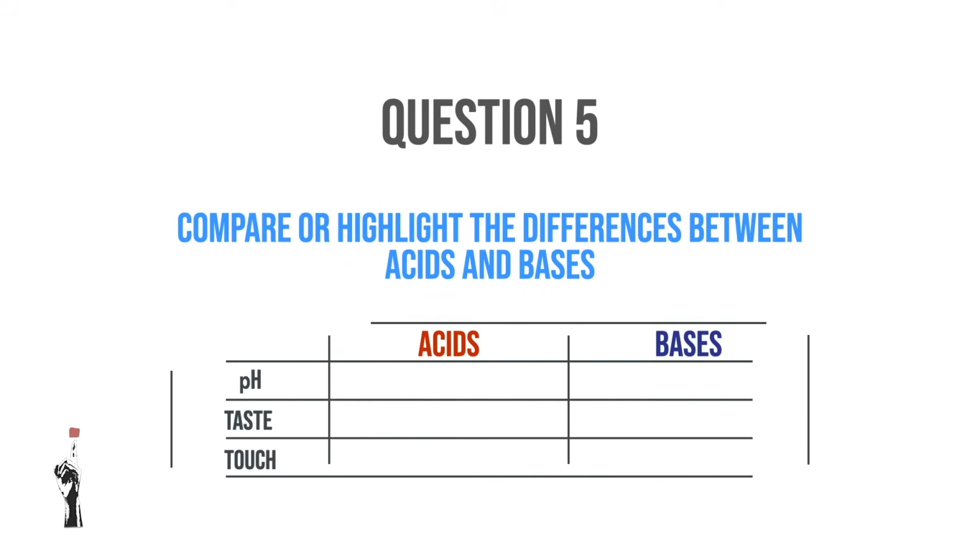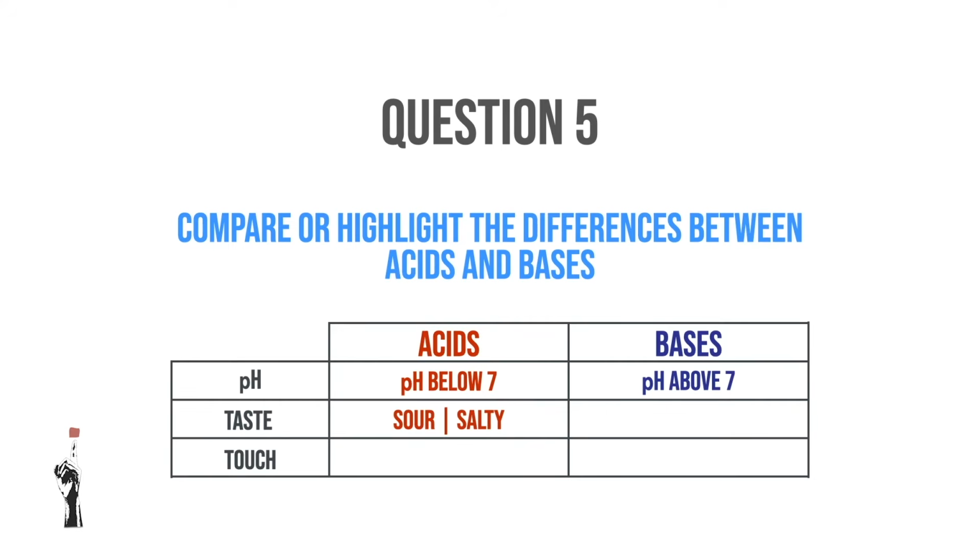With regards to pH, acids have a pH below 7. And bases have a pH of more than 7. When comparing taste, acids tend to taste sour or salty, whereas bases taste bitter. And finally, touch. Acids feel rough on the hands, whereas bases tend to feel more slippery or soapy.